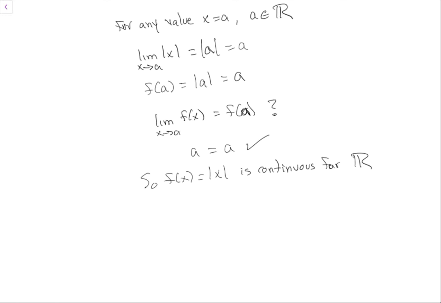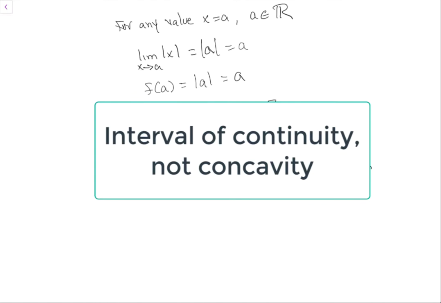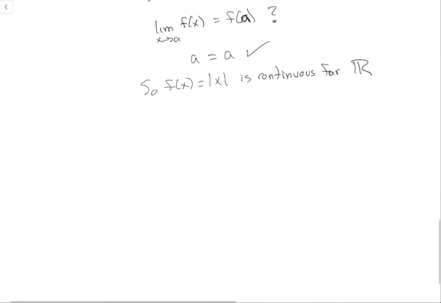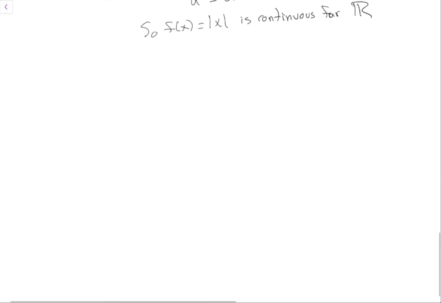So let's come back here and have a more generic conversation about intervals of continuity. For my absolute value function, it's continuous everywhere, so it's an interval of continuity of, in this case, all reals. Now, if we think in particular about what is continuity, kind of from prior knowledge, think about polynomials.